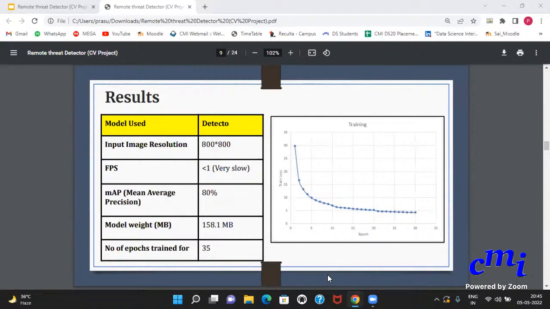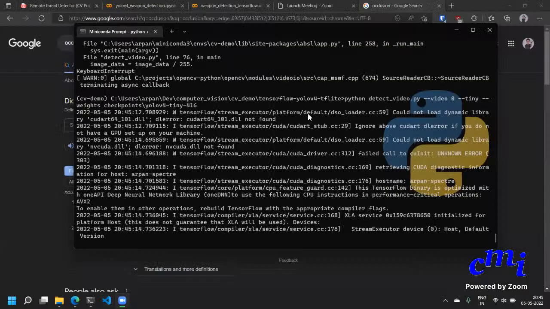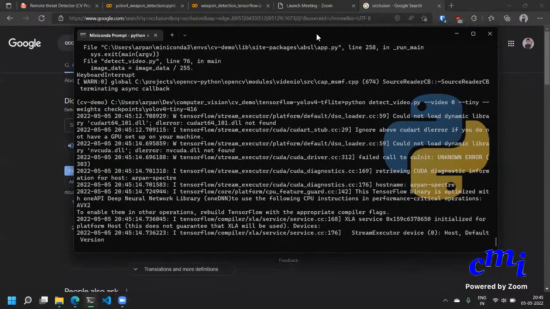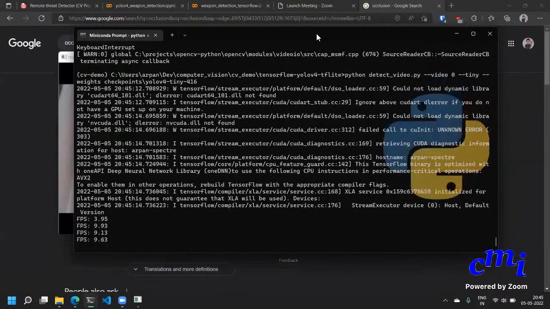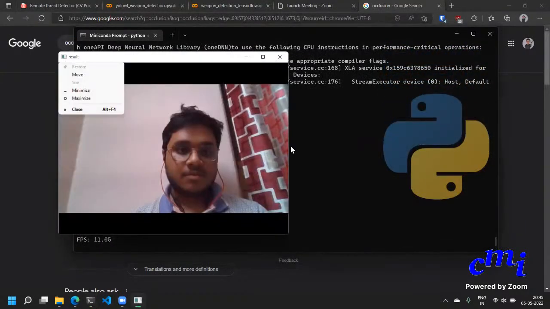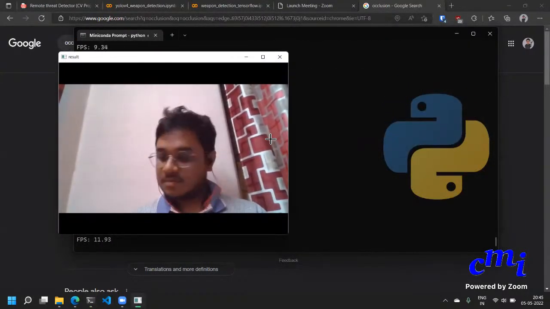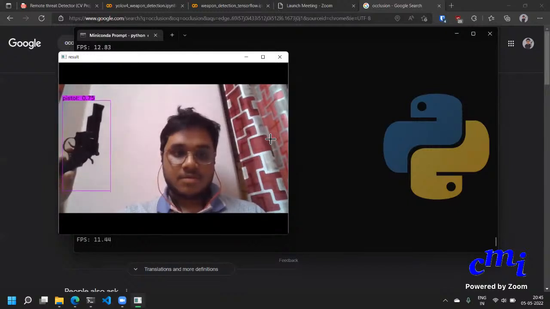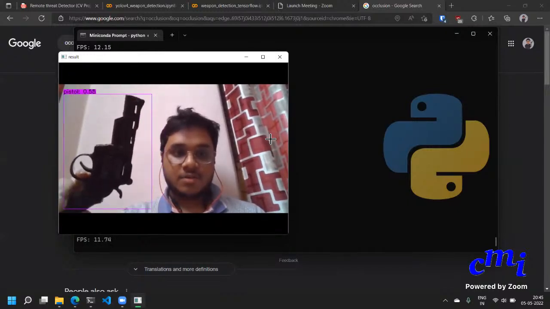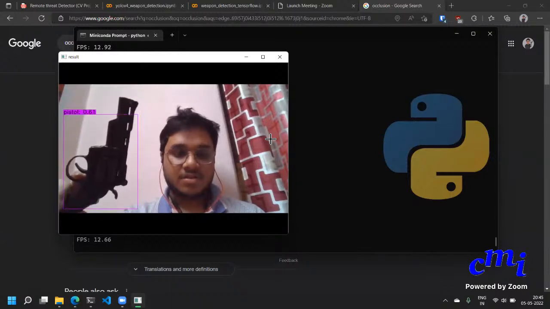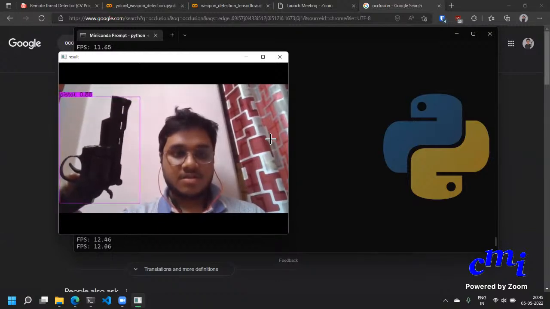Prasun, can you stop sharing screen? I'll try this out again. So right now when it is very close, the confidence is fluctuating somewhere around 0.6 to 0.7.